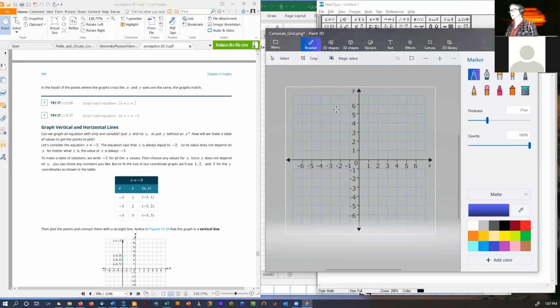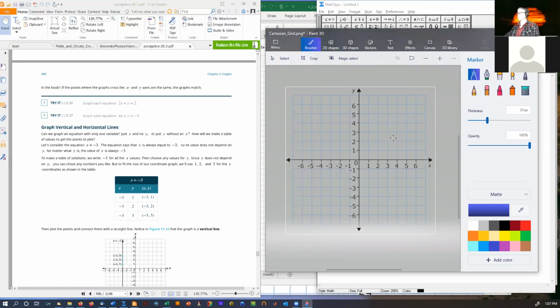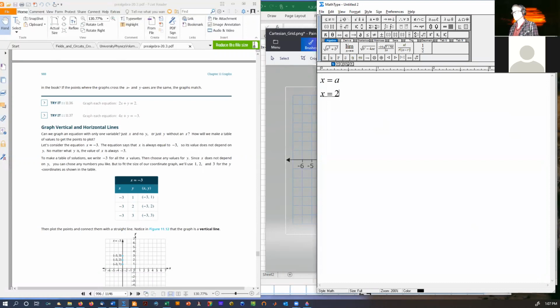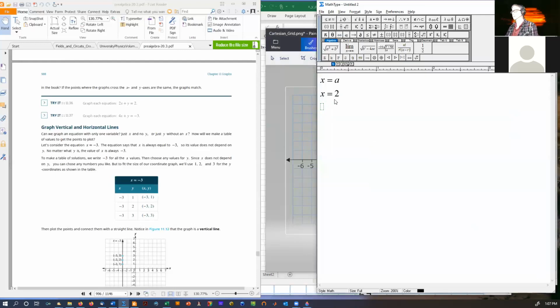Well, what about when x is equal to a? What does that look like? Suppose x is equal to 2. That means for any value of y along this line, x is going to equal 2. So a vertical line has the form x is equal to a, such as x is equal to 2.